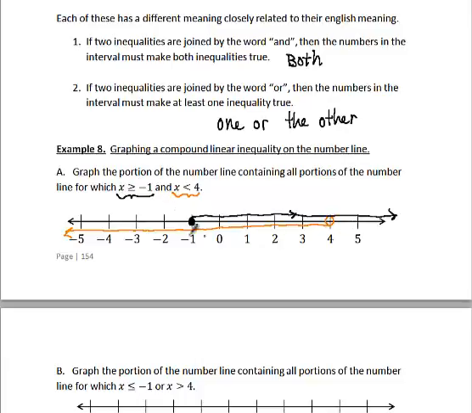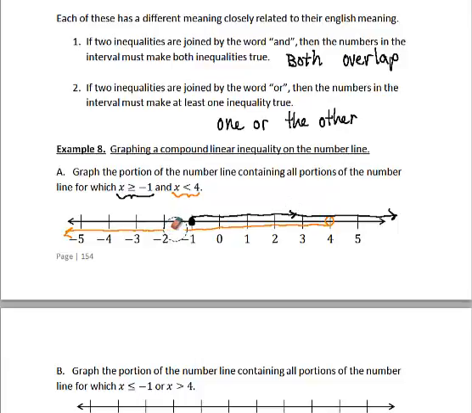Any of the numbers on the number line that are traced over with the orange line satisfy the second one. But when we have the conjunction in the compound inequality and, we want the numbers that stay shaded to satisfy both of these inequalities. Okay, so another keyword that you can use to remember what you need to do on the number line is overlap. Wherever these two inequalities overlap, we keep that region and we erase the rest of it.